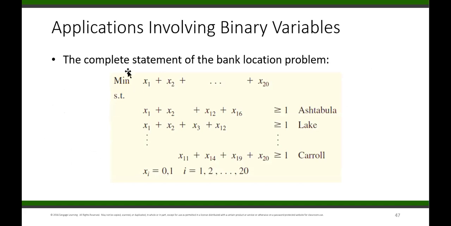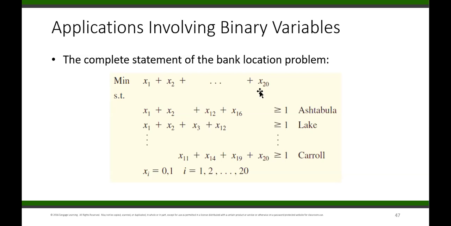For the objective function, we want to find the minimum number of PPBs that can cover the whole region. So we minimize, and we define decision variables for a PPB at county number 1, county number 2, through county number 20. If we add them together, it gives us the number of PPBs to be established.